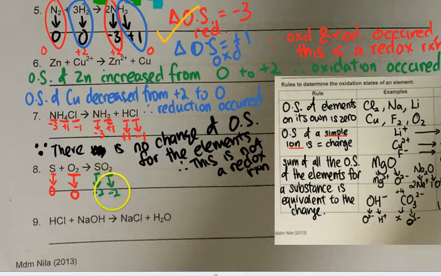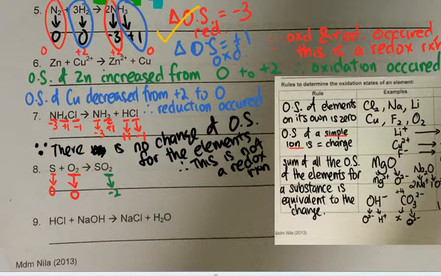If two of them are minus 2, how can the overall charge be 0? It doesn't make sense. So what I'm going to follow is the general rule, which is that oxygen most of the time is definitely minus 2. So we're going to erase this.